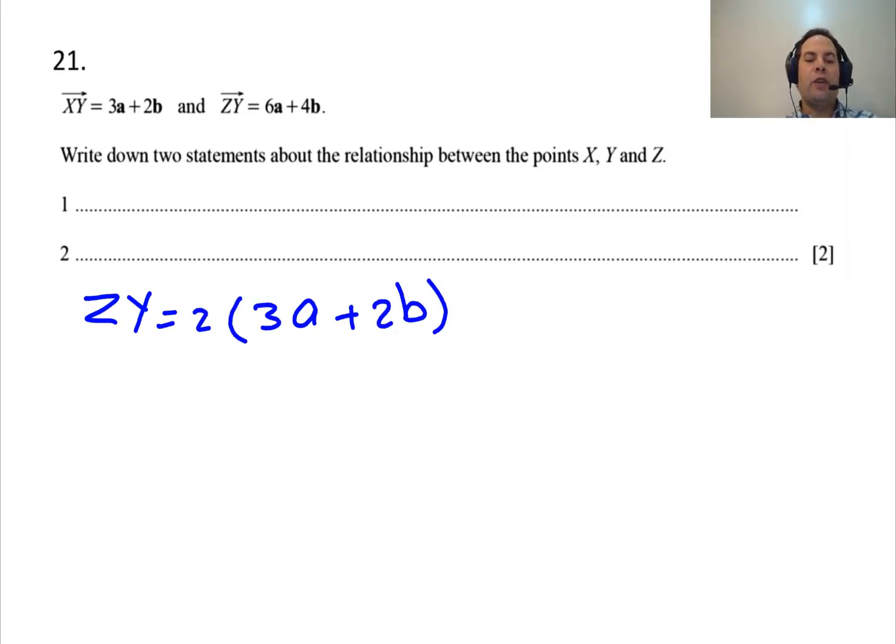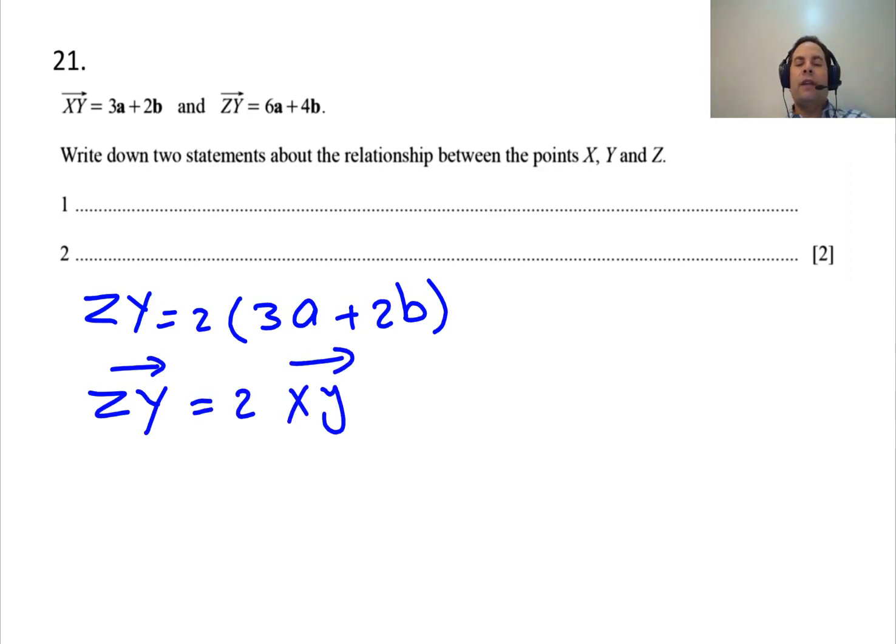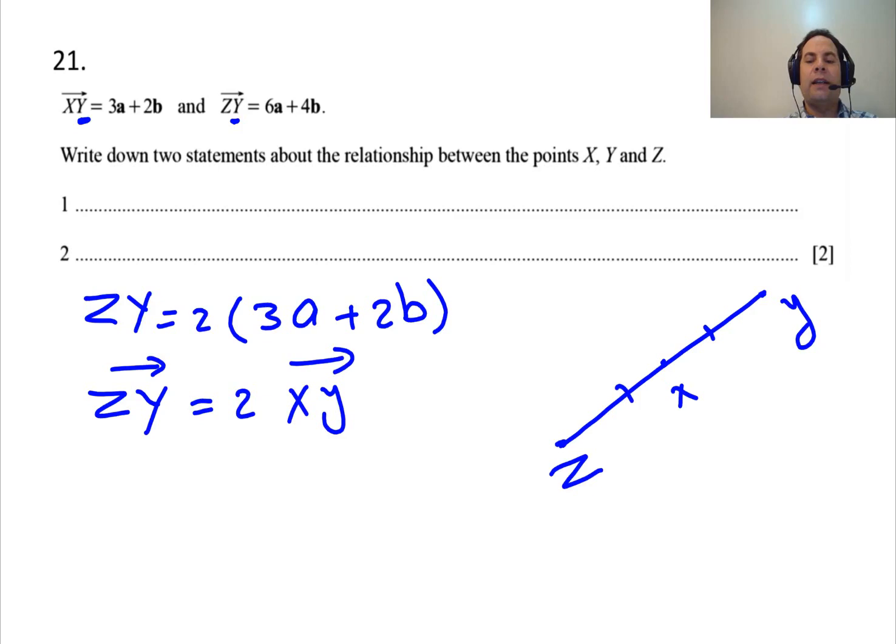This is the same as vector XY. This means vector ZY is double XY. This means these two vectors are parallel. But since we have a common point Y, this means X is exactly in between Y and Z, as a midpoint.